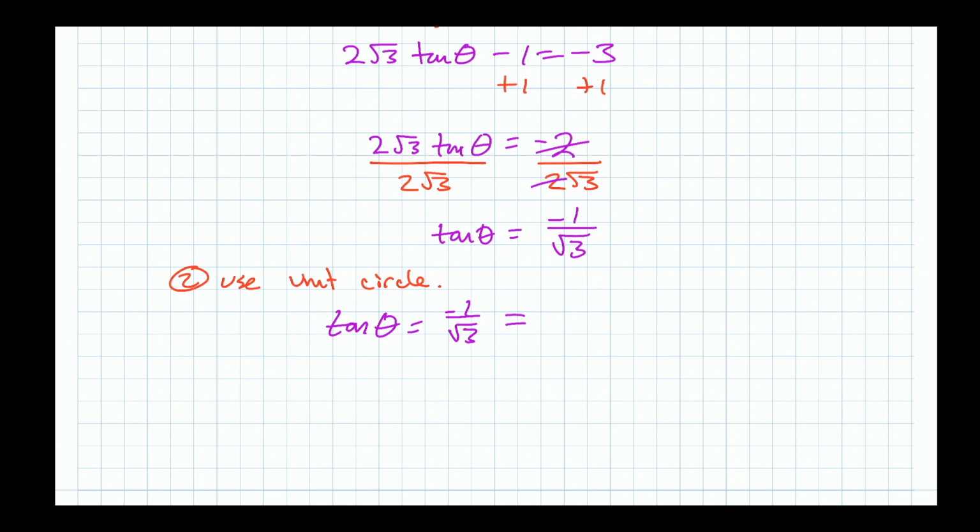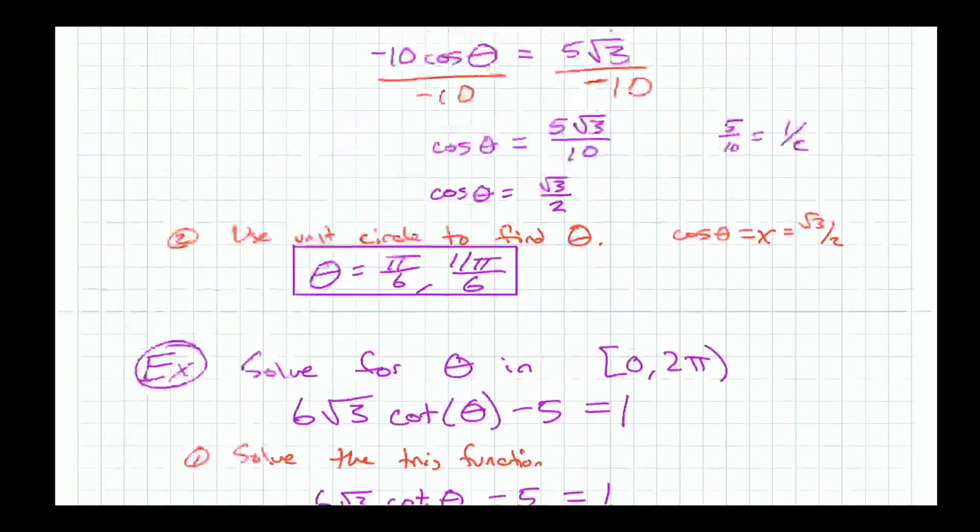Now, what is that in terms of x and y? Tangent is y over x, right? So let's take this, duplicate it, and back up to the unit circle.